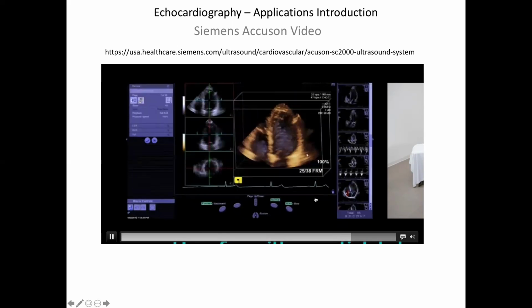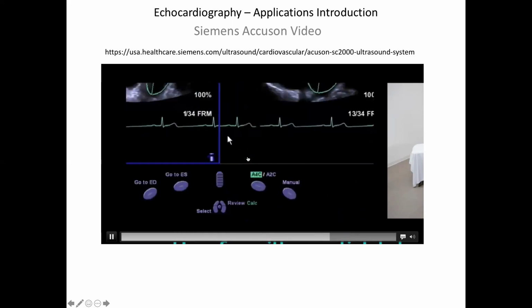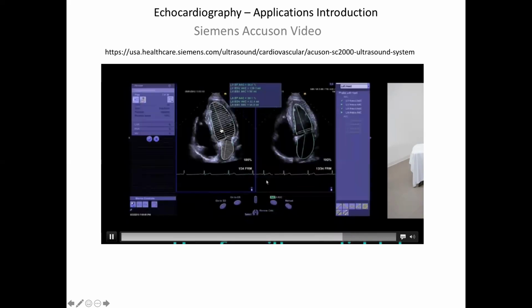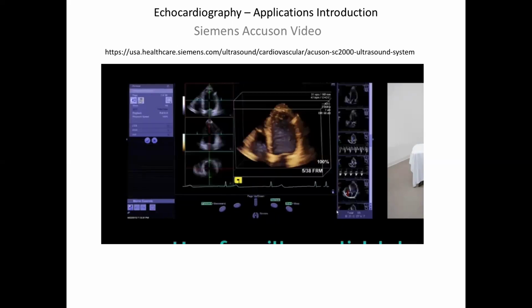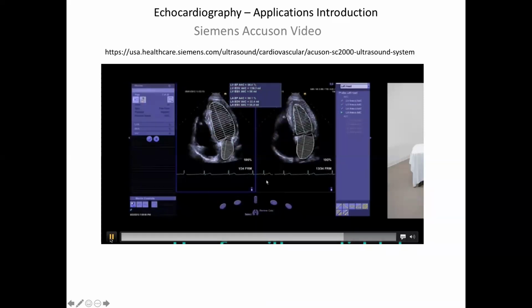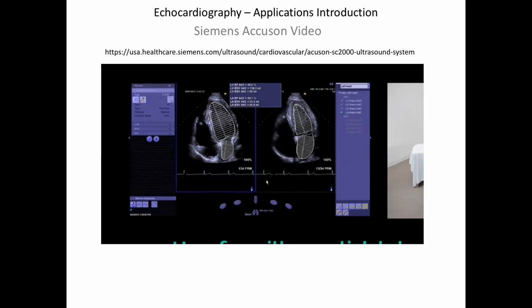So this is looking at left ventricular performance based on the valve, or I'm sorry, based on the volumes that you measure. So you guys tried to do this, right? It automatically drew this contour. You know, this isn't a trivial thing in a lot of images, right?